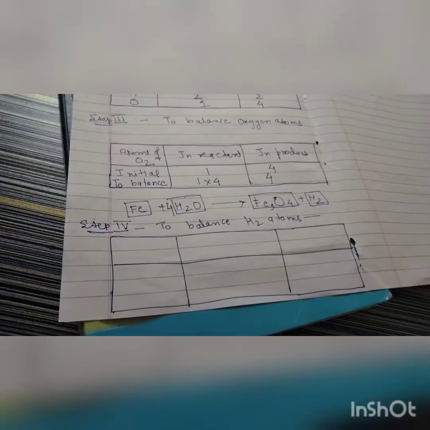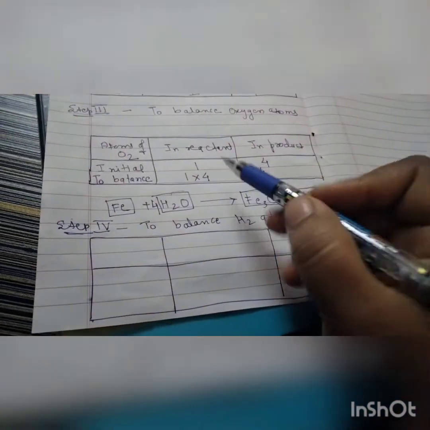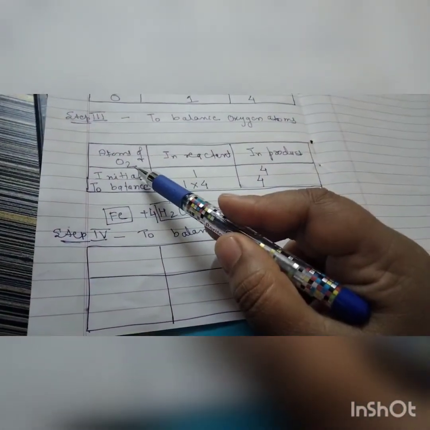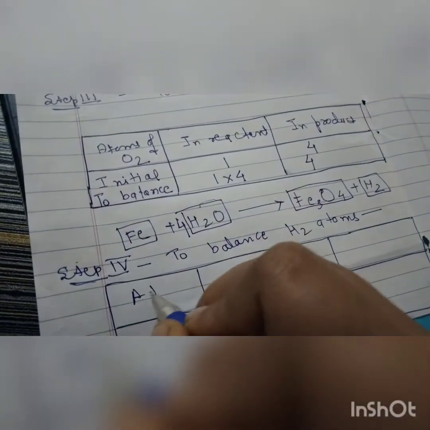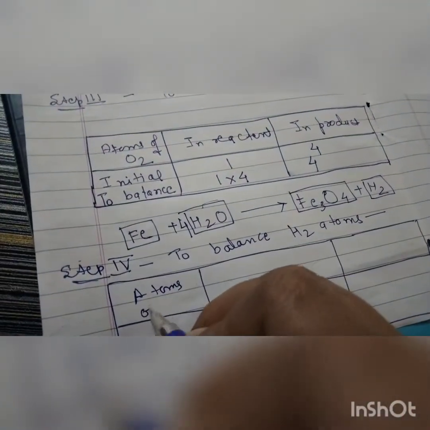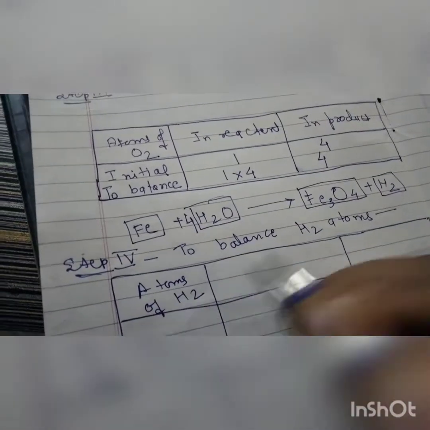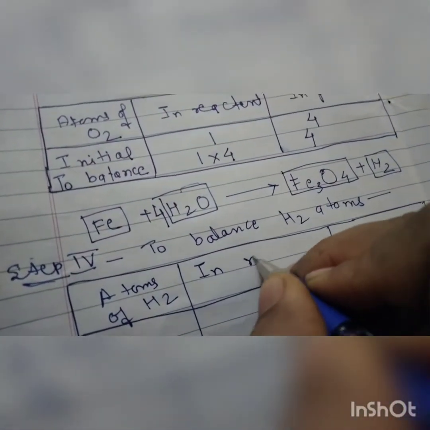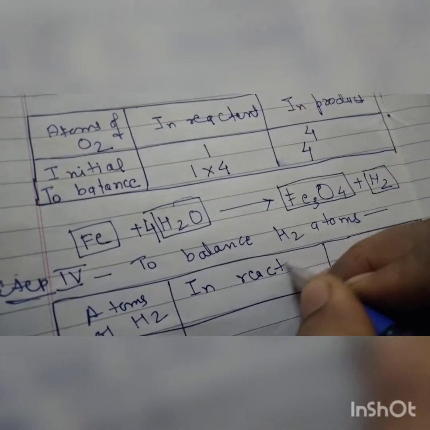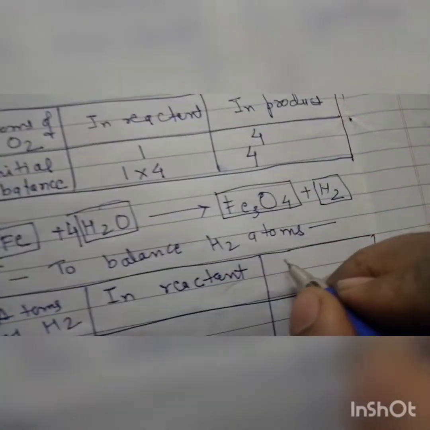Again we will make same type of table, atoms of hydrogen in place of atoms of oxygen, in reactant and in product.